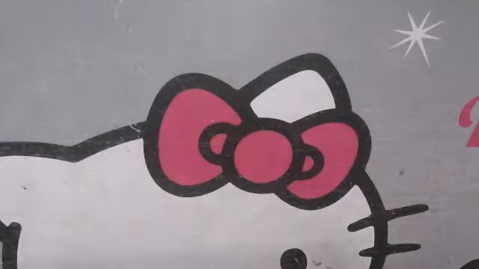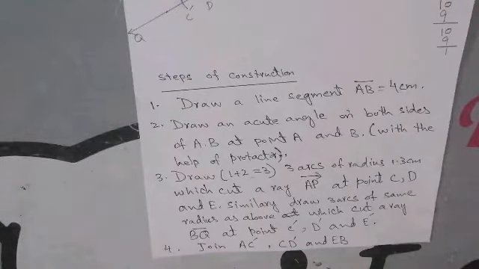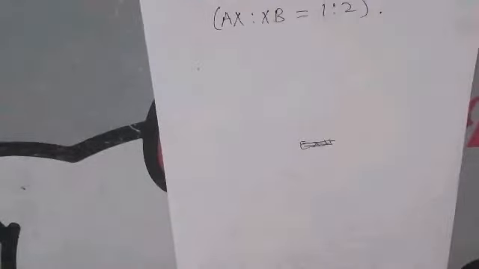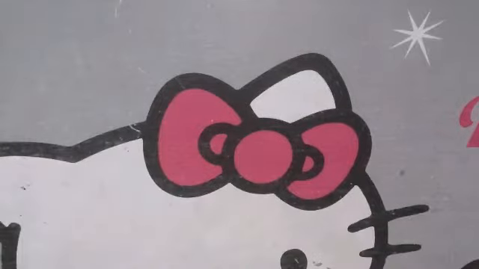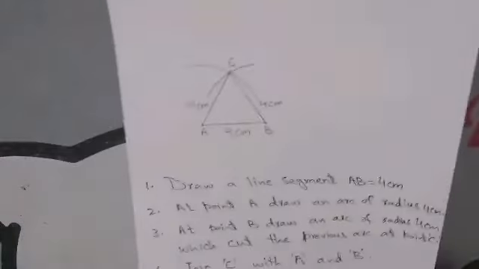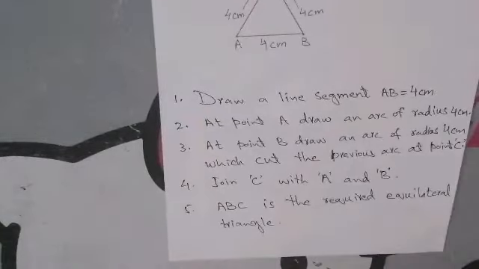Now I'm going to show exercise 11.1, question number 6a part, steps of construction, and then the remaining steps of construction. Exercise 11.2, question number 1, steps of construction. You can note down.